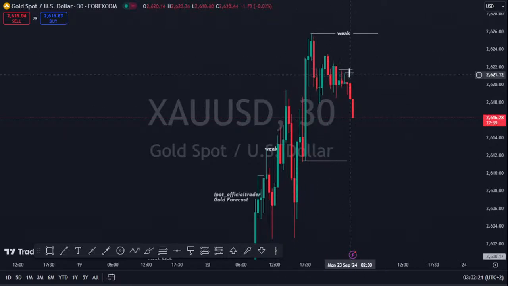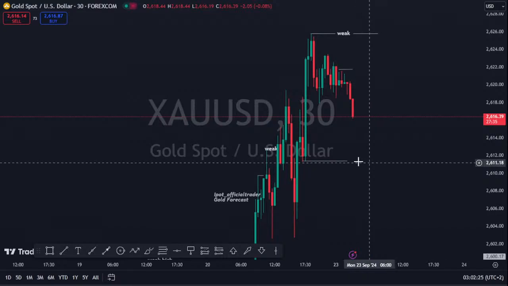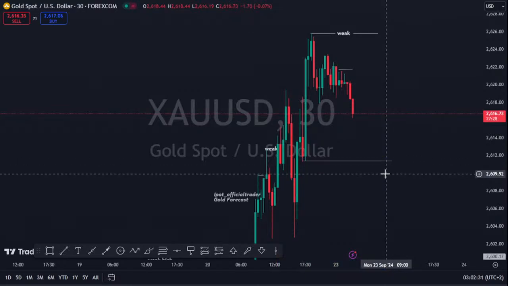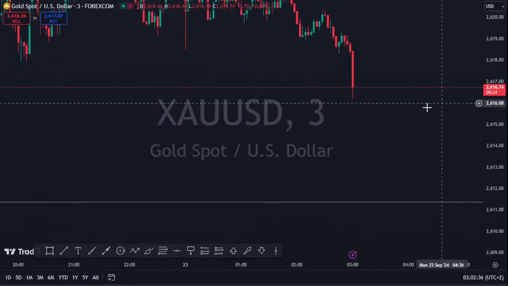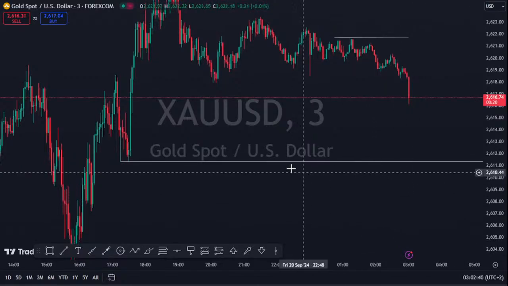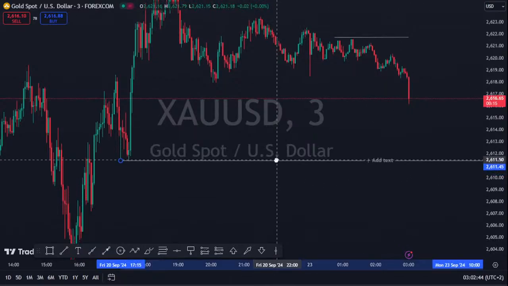It's respecting the higher time frame. So from our side, we are looking at a rejection possibly right below this area. That's what we are going to be looking at on gold, because the drop on its own is respecting that area at this point.